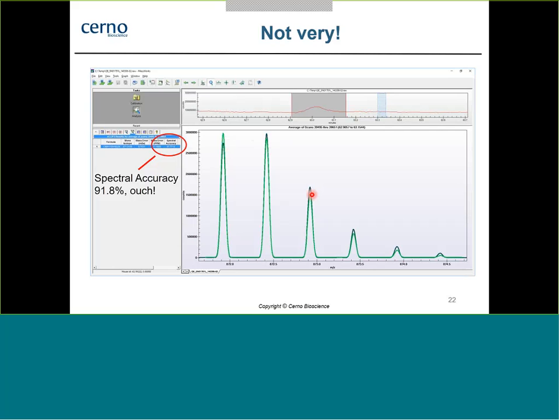They don't match very well. The isotope pattern is poor. In fact, we can come up with a metric for the spectral accuracy match, and it's about 91.8%. This is not a very good match, okay? Typically, really good matches start to approach about 99%. So it is an indication to us that this is not a pure peak, okay? Something's going on.